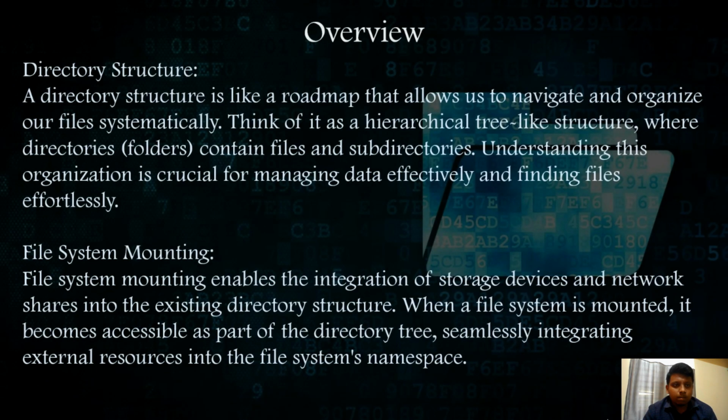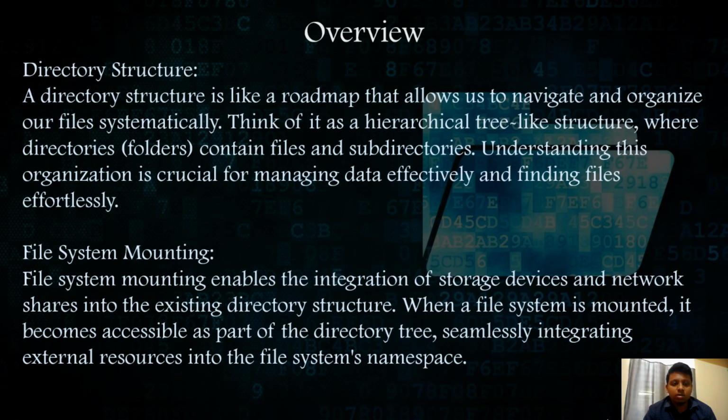Now let us look into the overview. Directory structure. A directory structure is like a roadmap that allows us to navigate and organize our files systematically. Think of it as a hierarchical tree-like structure, with directories or folders containing files or subdirectories.